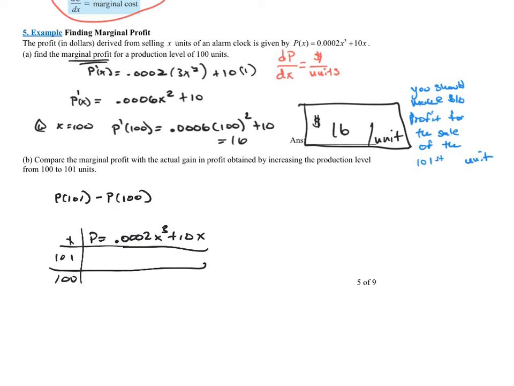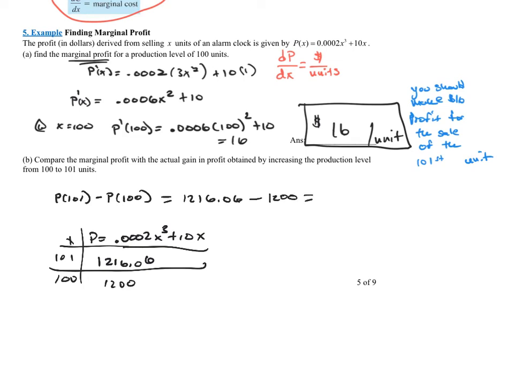Let's see what we get. I'm getting 1216.06 if I round to the nearest penny. Let's type in 100, hit enter, and I'm getting 1200 exactly. And so what do I want to do? I want to do the profit from 101 units, which is 1216 and 6 cents, minus the profit of 100 units, which was 1,200.